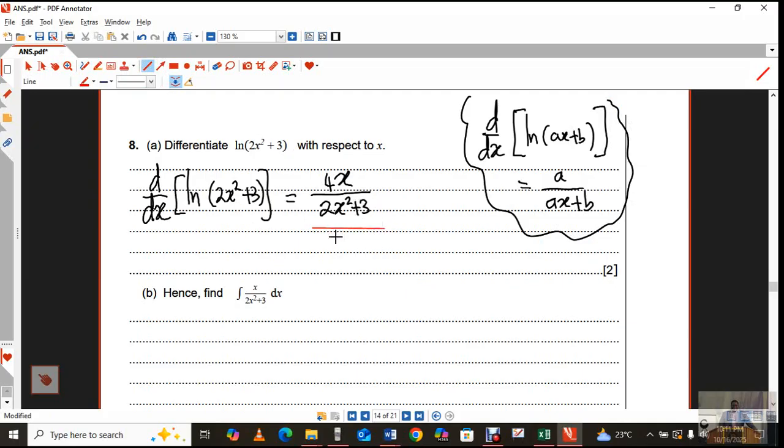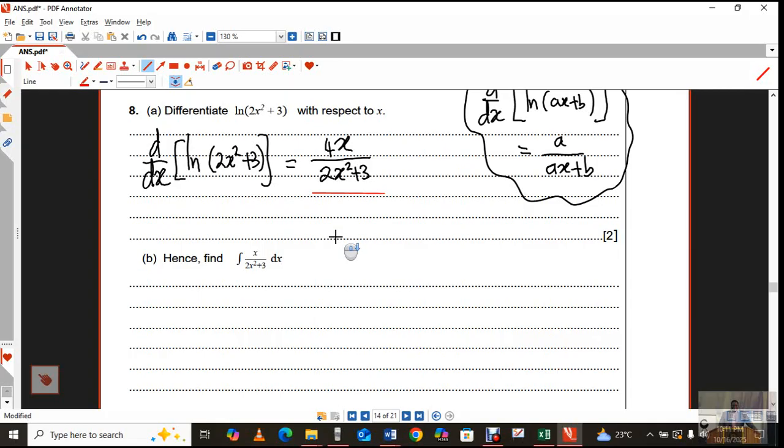Now when you are having a hence question, it means you're supposed to use this here, because you're not doing how to derive this type at this level, but you should realize that integration is the reverse of differentiation, antiderivative, so to speak.